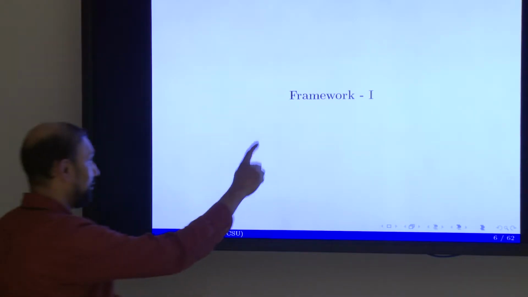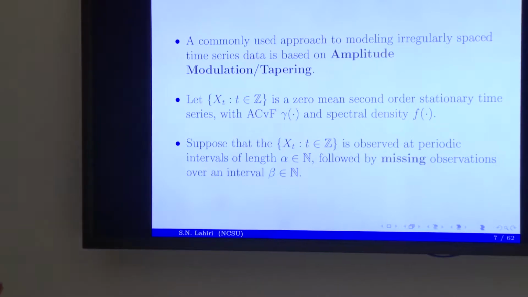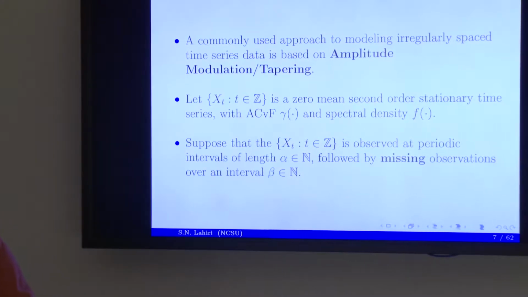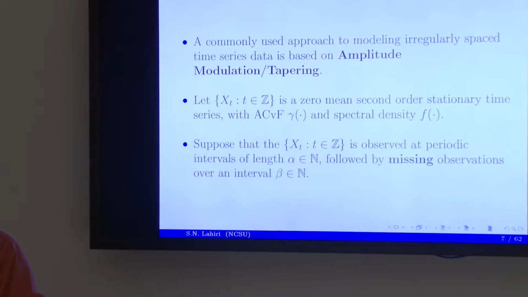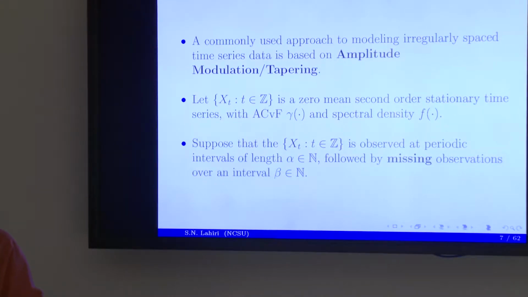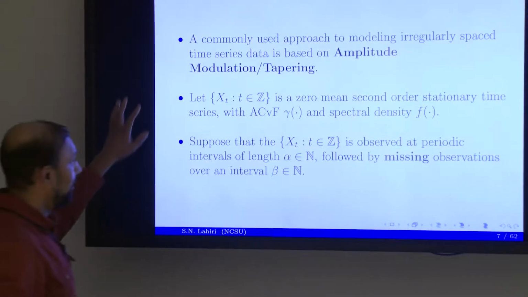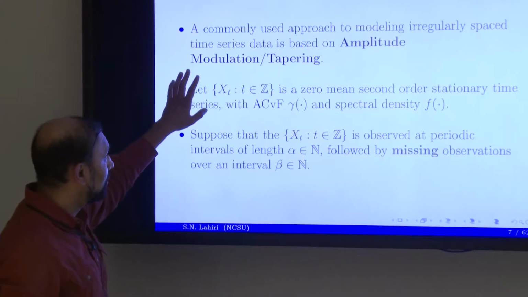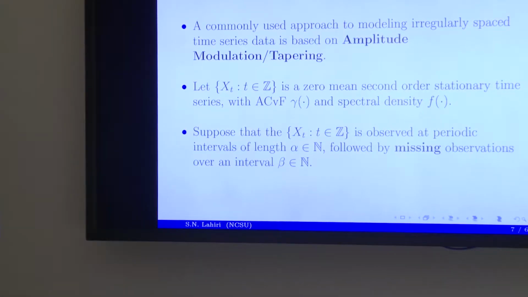So framework 1 refers to the discrete setup. You can think of many scenarios, but this is one scenario for which there is some theory that has been worked out when you are trying to estimate the function f or the function little gamma. And in time series literature, it is called an amplitude modulated series that is derived from a parent series.